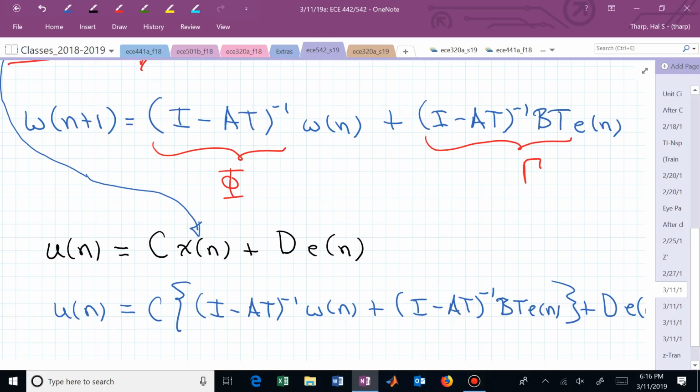But now in a state space representation you could say, oh, my system matrix is phi. And that's how you're evolving this W. But in fact that's how you're evolving the state X, because it's just one sample period behind in the WX relationship.